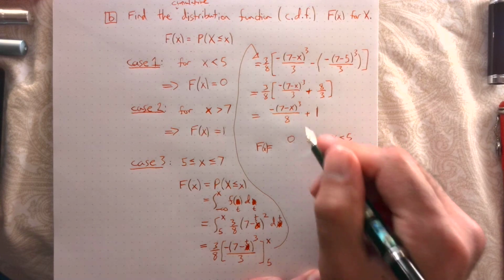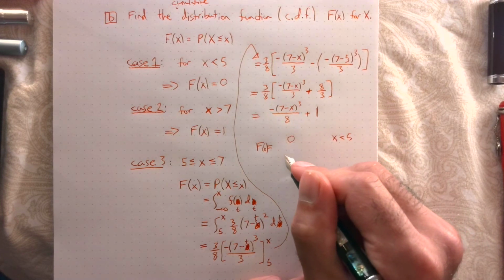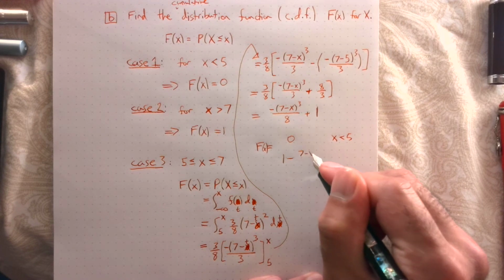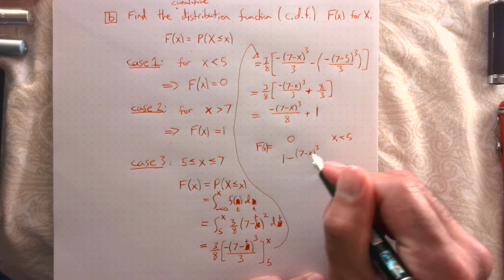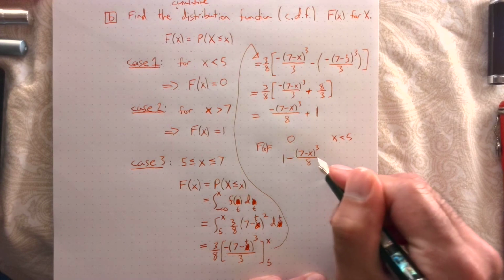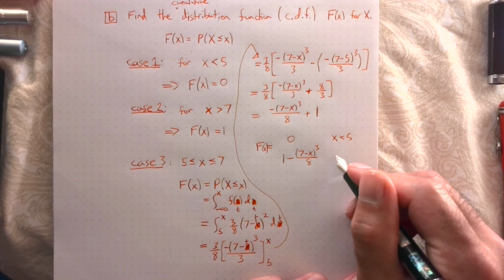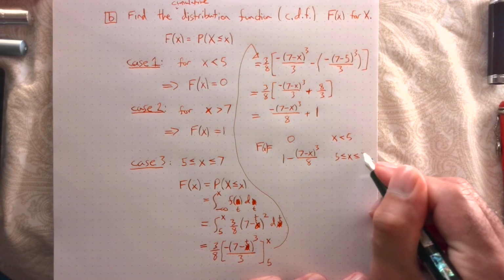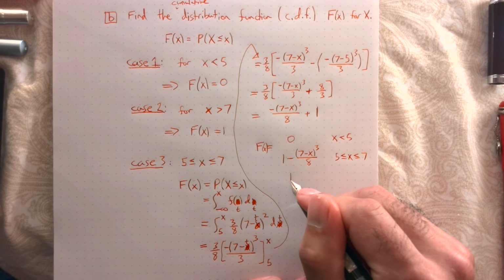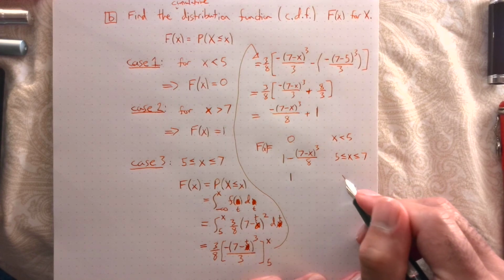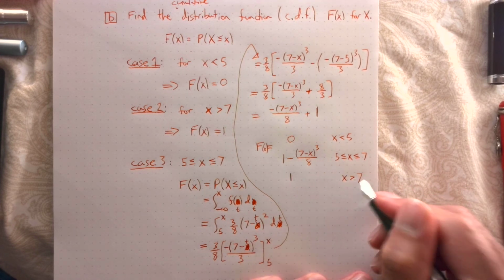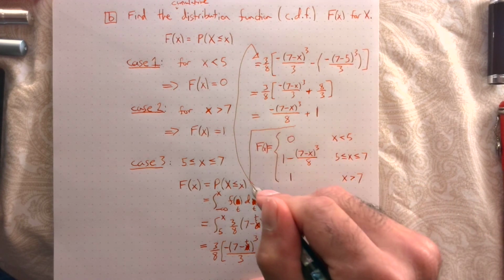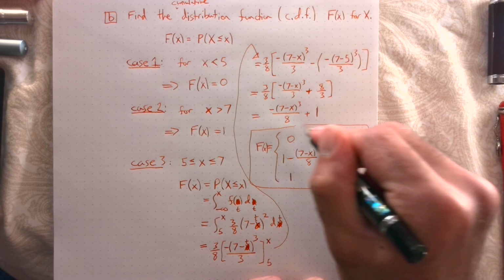If I switch these two around, it's going to be equal to 1 minus (7 minus x) cubed over 8, and this is when x is between 5 and 7. And then lastly, it's going to be equal to 1 when x is greater than 7. So that is our CDF.